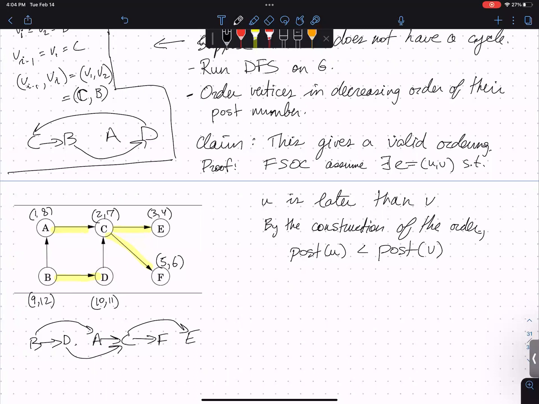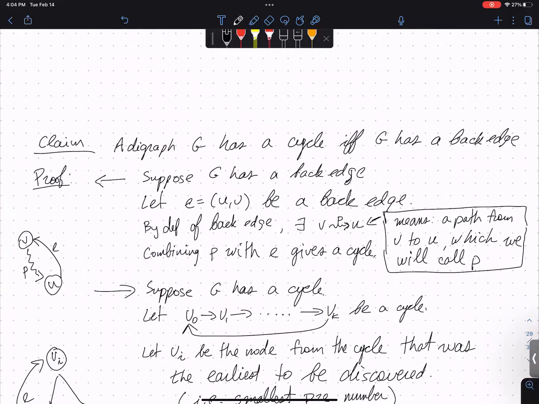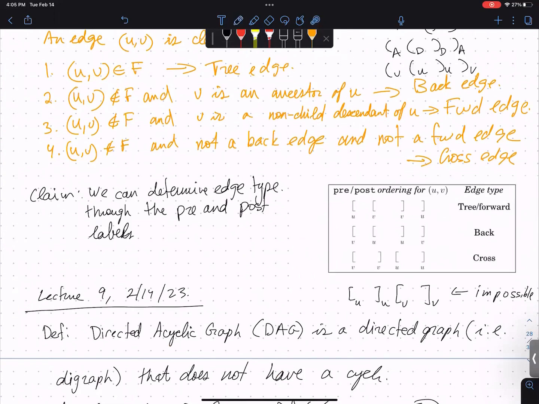What type of edge is E? Now that we know something about its post numbers, what type of edge is E? Let's look at, by definition of edge types, E is something edge. So let's look at the definition. Post U less than post V. Let's use this definition here. So we have 3 possibilities. Where is post U less than post V?